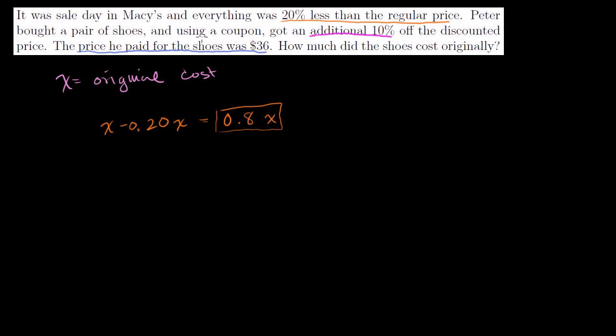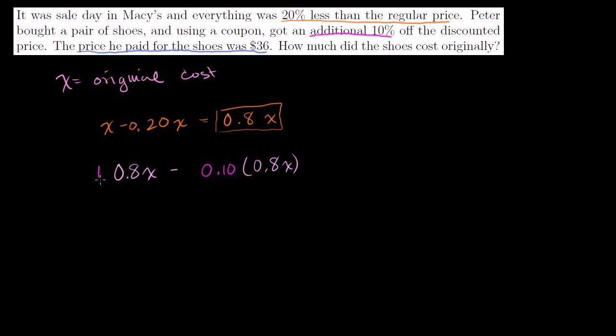Now, Peter got a pair of shoes, and using a coupon, got an additional 10% off of that. So he's paying 10% less than this. Or another way to think of it is he only had to pay 90% of this price, right? If you take 0.8x, and from that you subtract 10% of 0.8x, right?